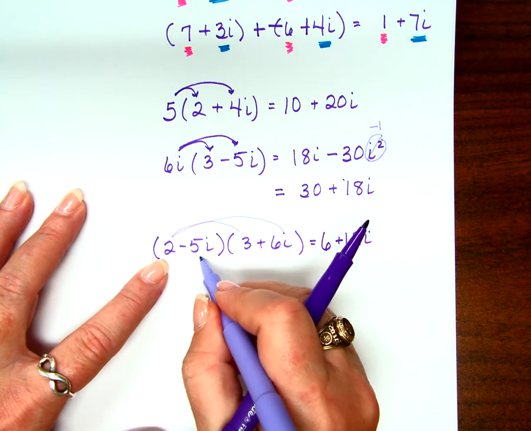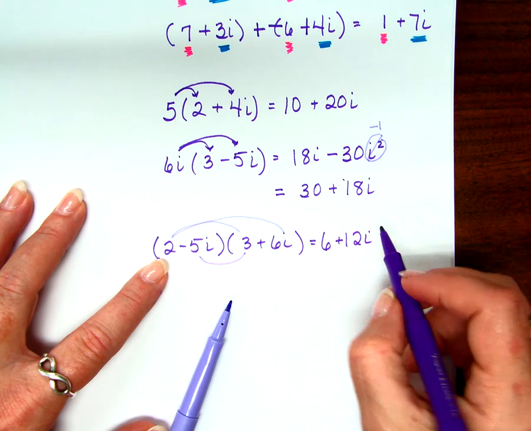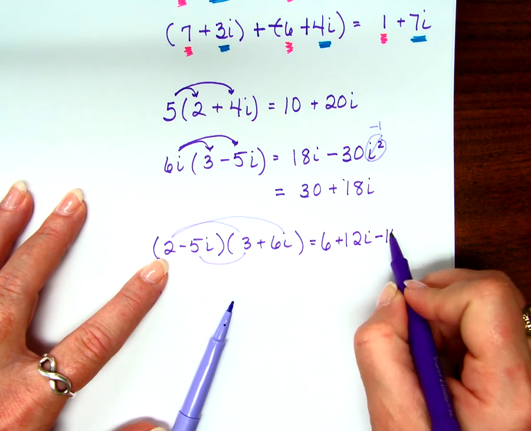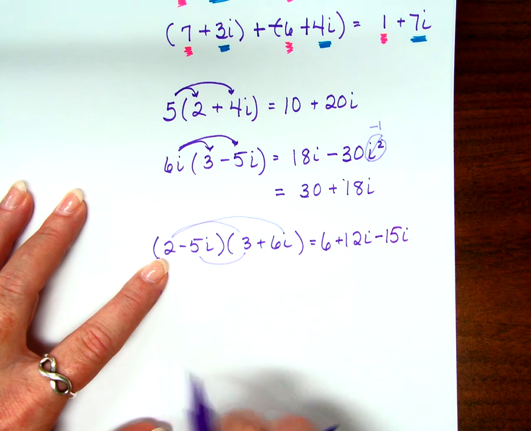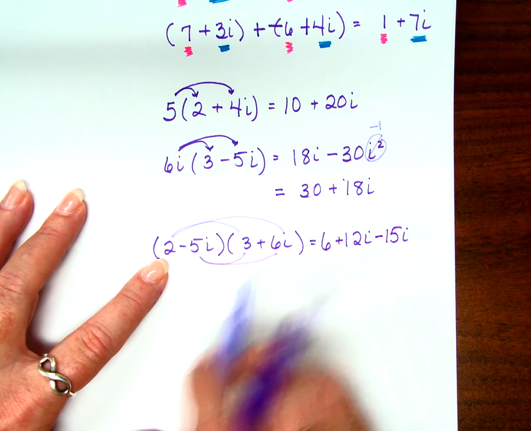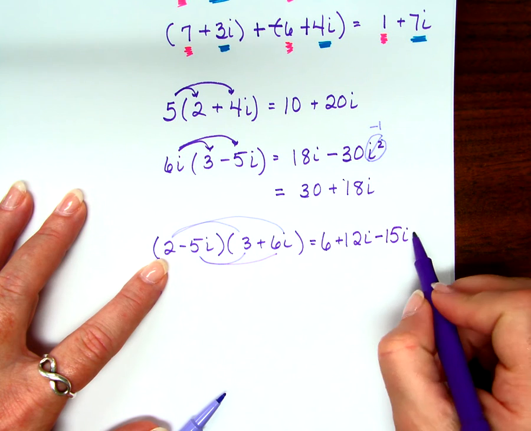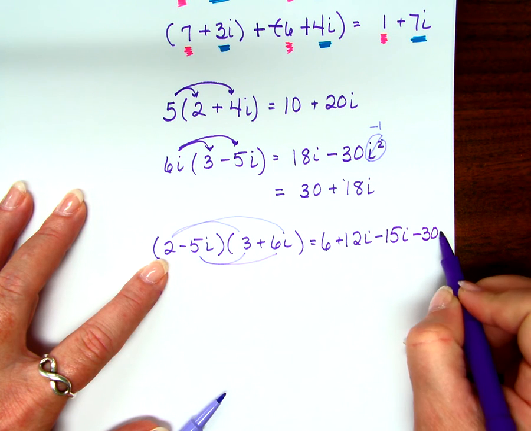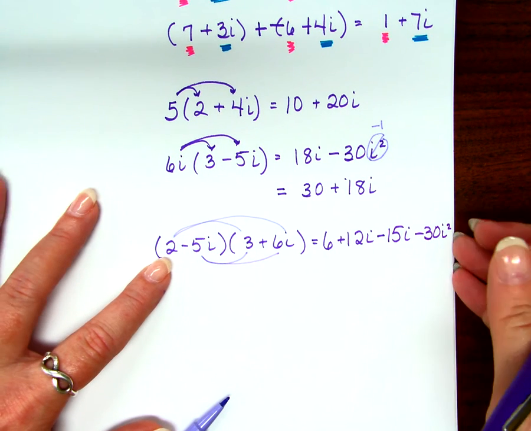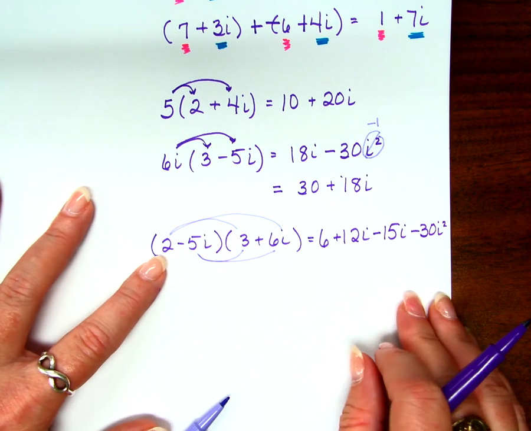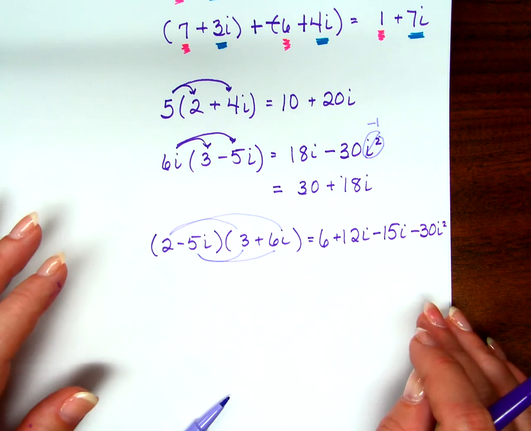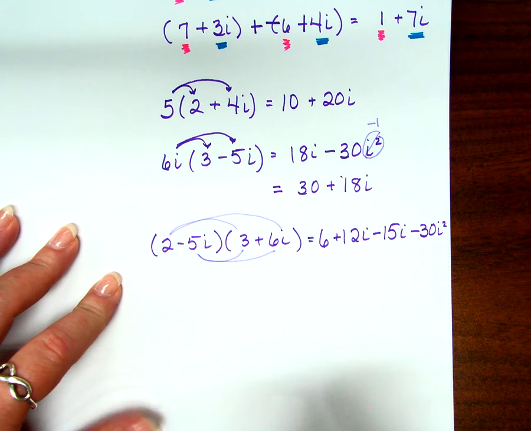What is negative 5i times 3? Good, negative 15i. And negative 5i times 6i? Negative 30i squared, right? So am I finished? Oh no, that would be ridiculous, right?